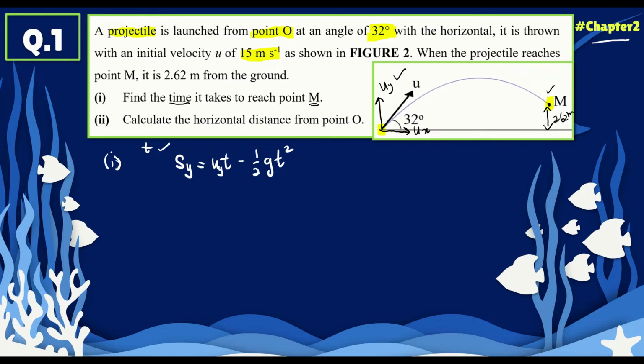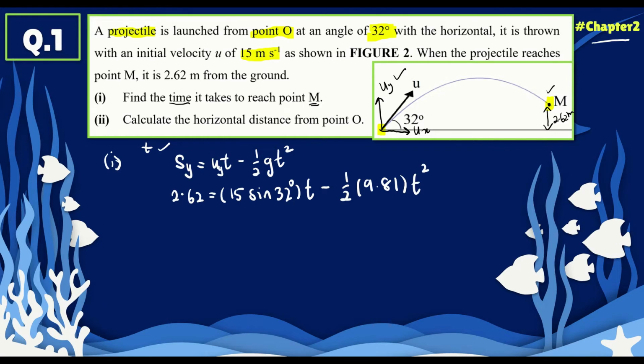Okay, so let us substitute all the values. 2.62 equals 15 sine 32 degree times t minus half 9.81 t squared.